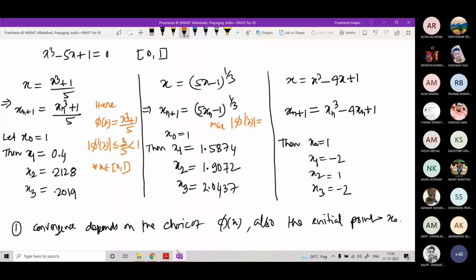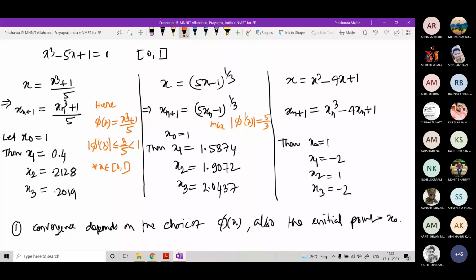It will be coming 5 by 3. So it is greater than 1. So it is not less than or equal to 1 for all x belonging to the interval 0 comma 1. That is why it is not converging towards the root.